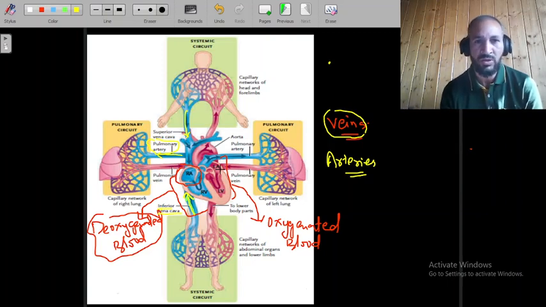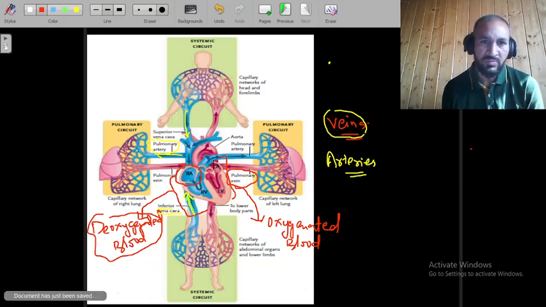Veins bring blood to the heart. It's the pulmonary vein. So do remember that the pulmonary vein is the only vein which contains oxygenated blood. All other veins, whether it is the inferior vena cava, the superior vena cava, or the coronary vein, they all contain deoxygenated blood.